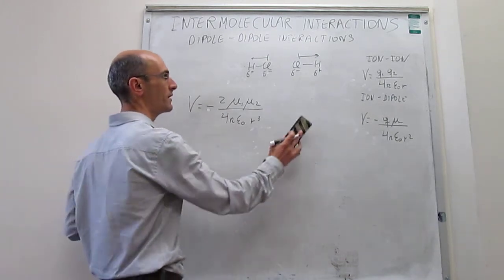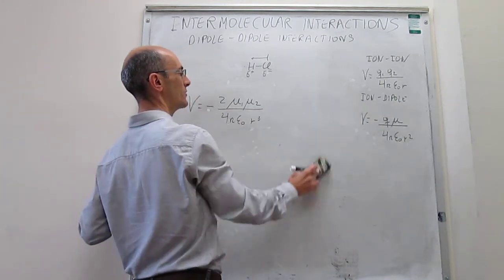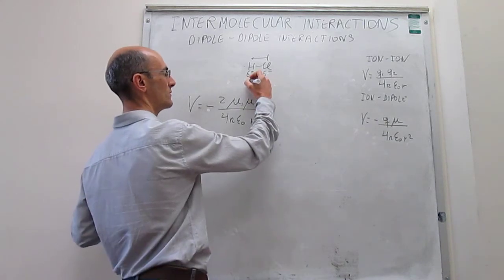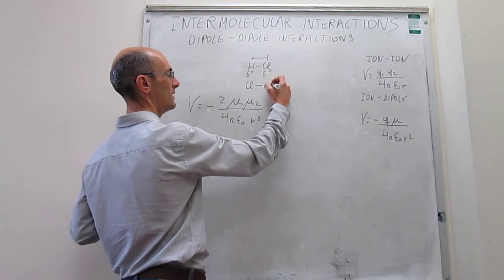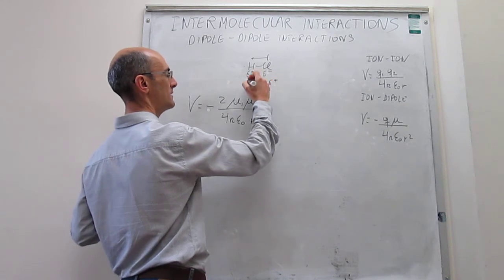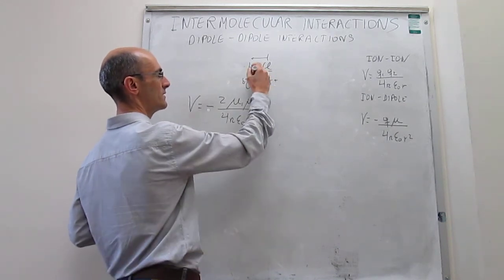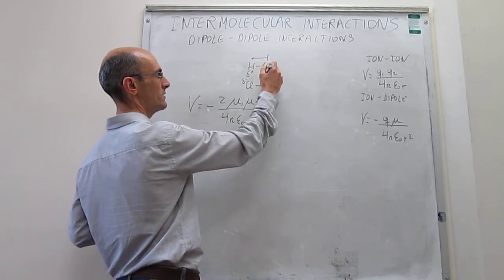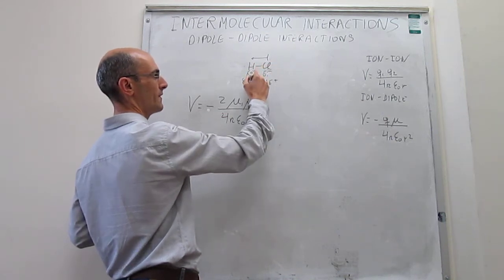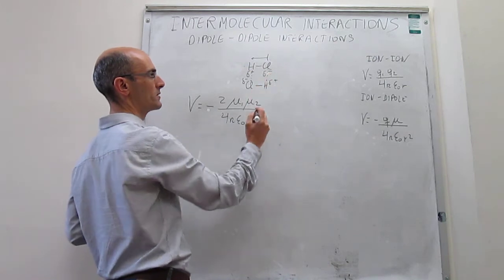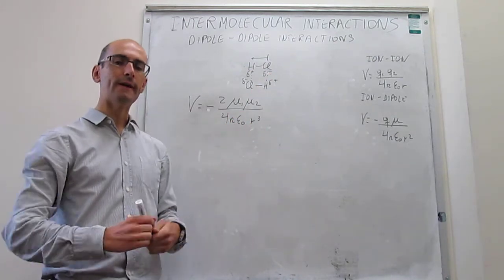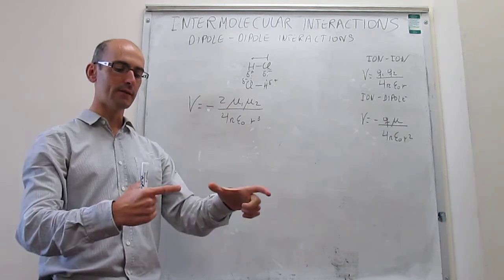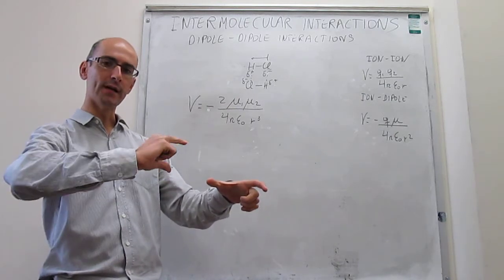Or there can be any other type of interaction. You could have the two molecules aligned like this, HCl, where a positive is next to a negative, and these could attract each other, but those would repel each other. What this tells you is that this equation depends on the angle between the two dipole moments.